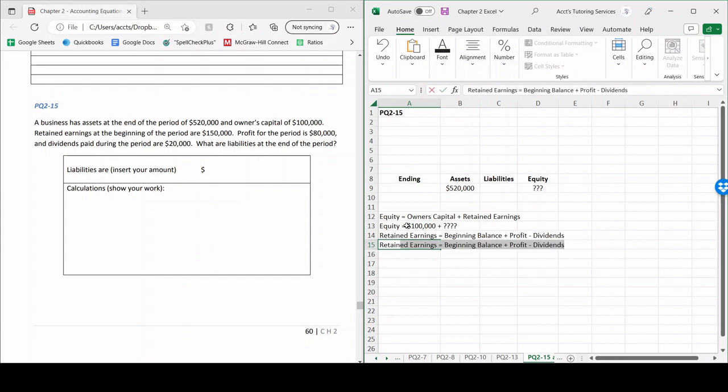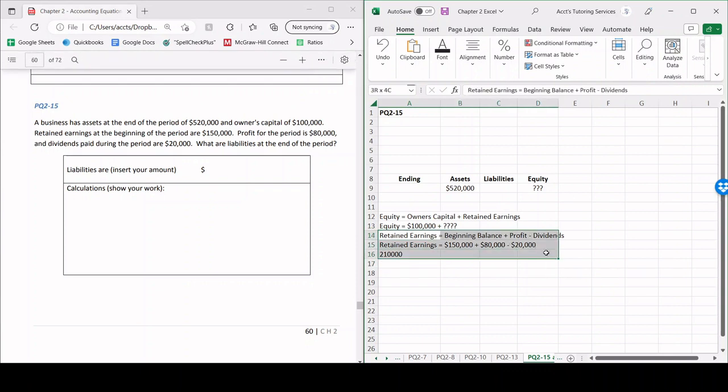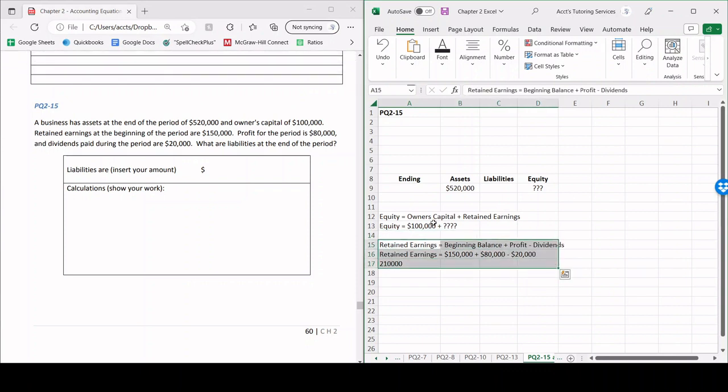So retained earnings equals beginning balance, which is given to us, 150,000, plus profit of 80,000, subtracted by 20,000. So 150,000 plus 80,000 minus 20,000 gives us $210,000. That's our ending retained earnings balance.